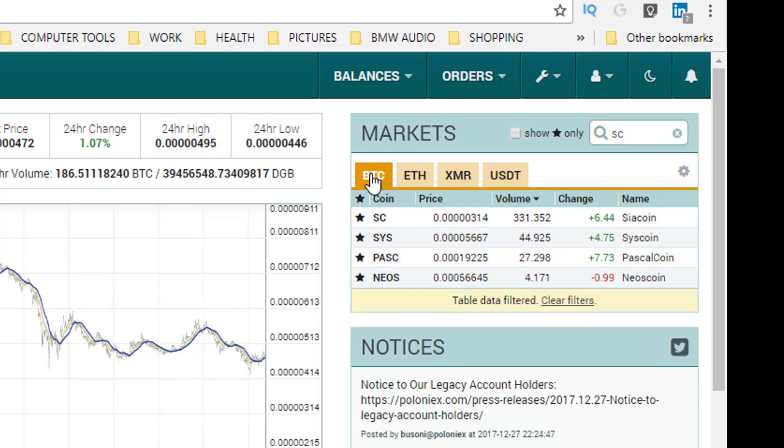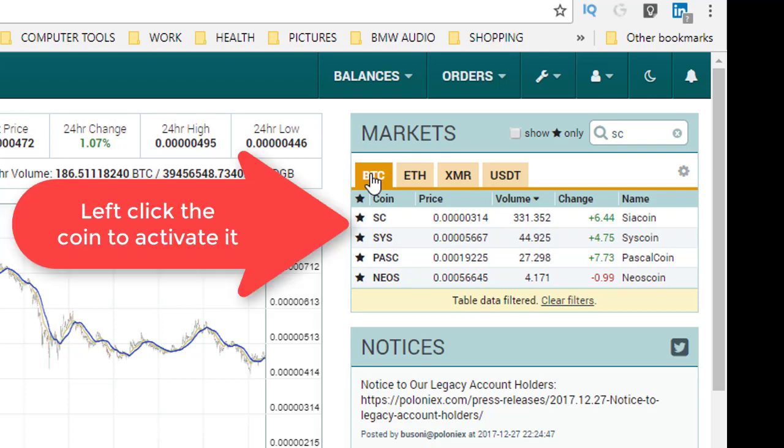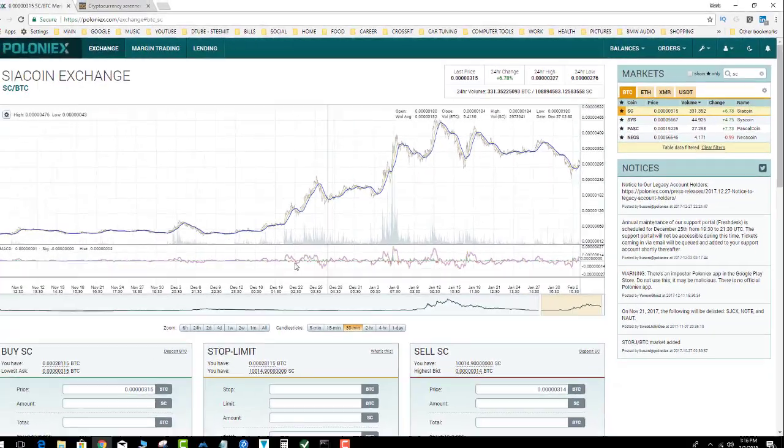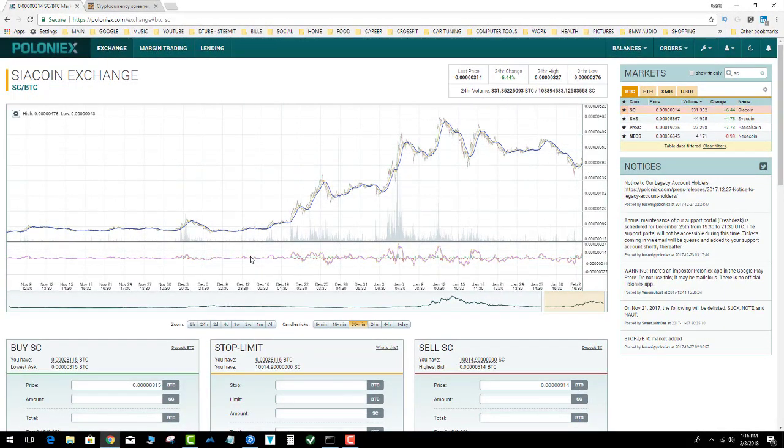So that leads us to, how do I buy a specific coin? After you've found the market that you want to trade the coin in, you click on the coin. By clicking on this coin in the right-hand corner, you've activated all of the Siacoin boxes. So you've got your Siacoin chart up here.